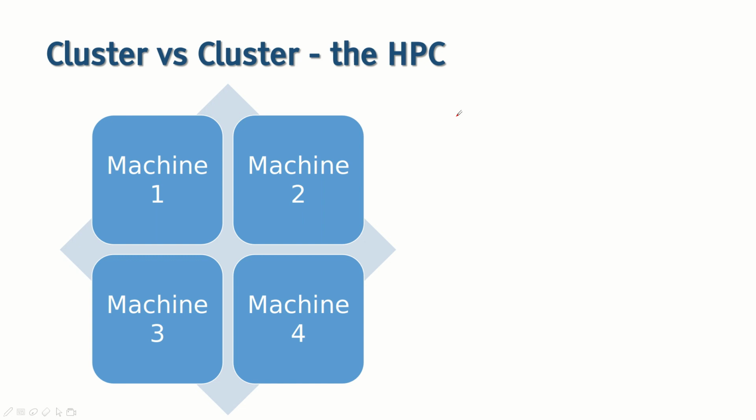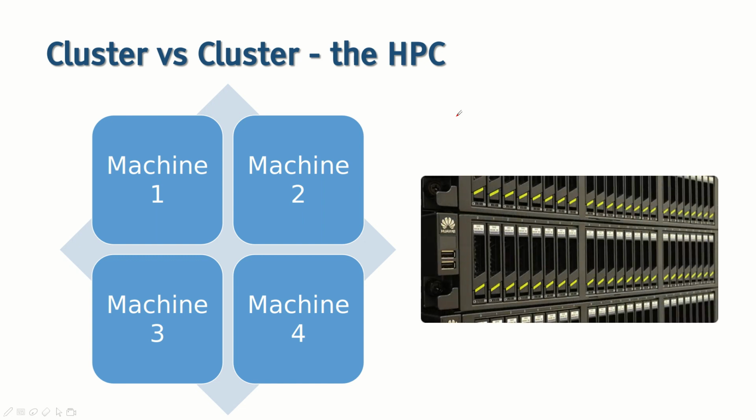Yes, they are connected with each other, but each individual machine doesn't have any storage beyond some basic operating system storage. And for storage, they rely on a network attached storage, which is generally a RAID storage. And what happens is that it is mounted on each of these machines. So if I am logged into machine 1, I can see the data on this RAID storage system. Even if I am logged into machine 4, I can see it.